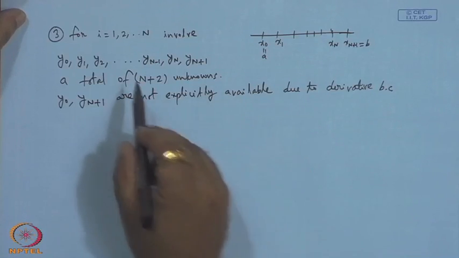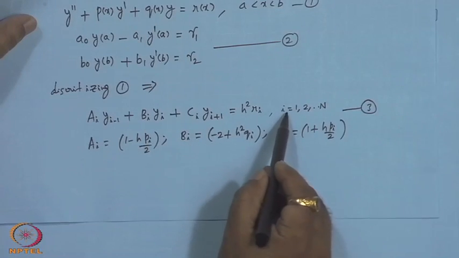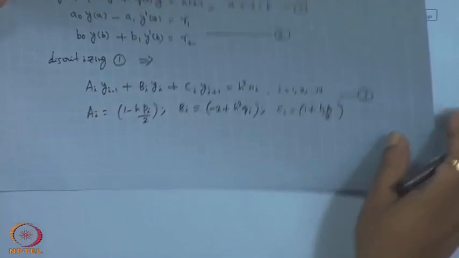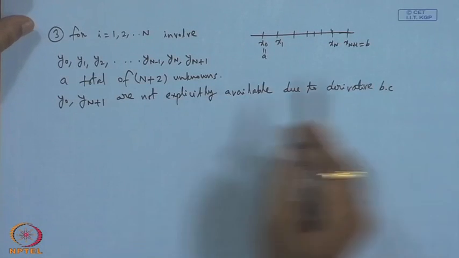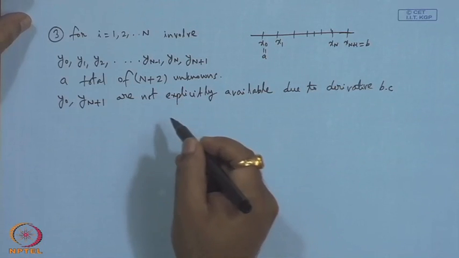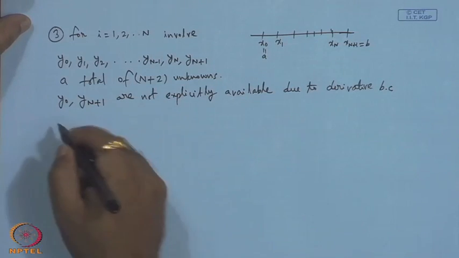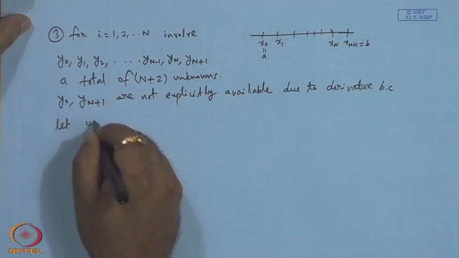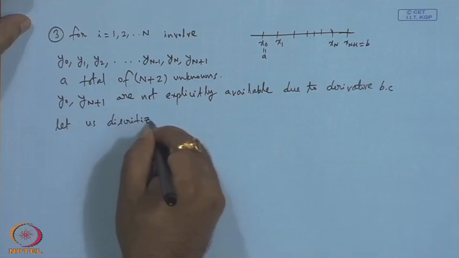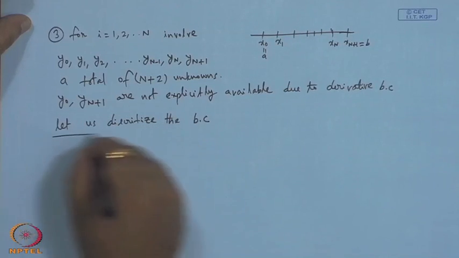However, we expect i from 1 to n, so n equations, but they involve n plus 2 unknowns. So, still we have not used the boundary conditions, which are 2. So, let us discretize the boundary conditions.